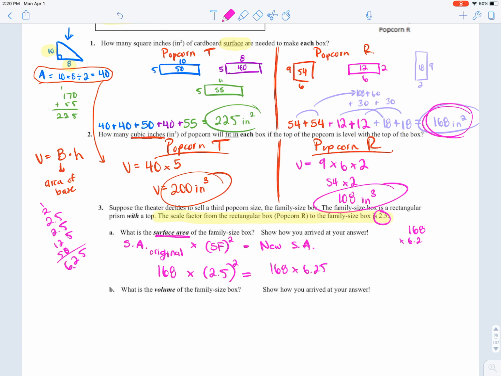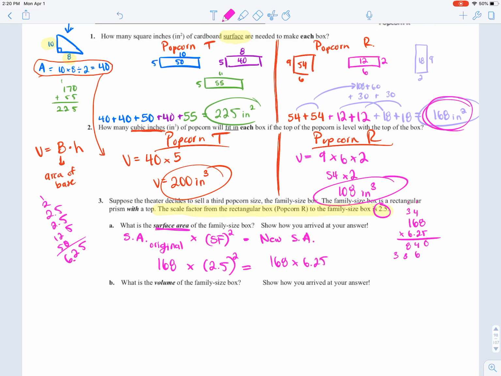168. 5 times 8 is 40. 5 times 6 is 30, plus 4, that's 34. 5 times 1 is 5, excuse me guys, sorry. 5 times 1 is 5, plus 3 is 8. 2 times 8 is 16, 12, 13. 2 times 1 is 2, that's 3.